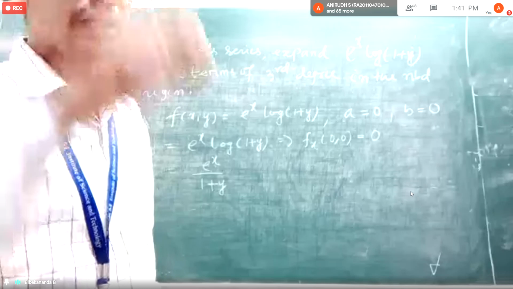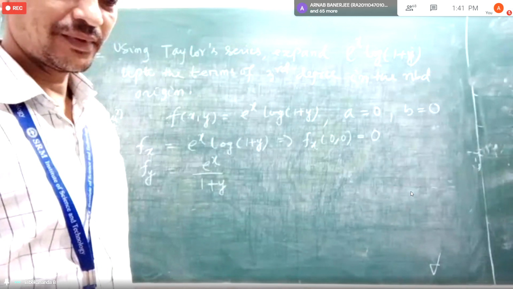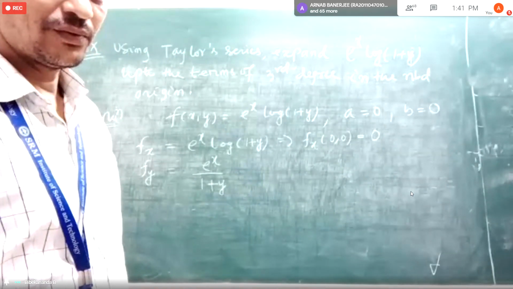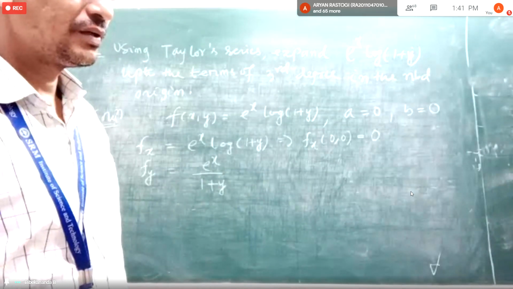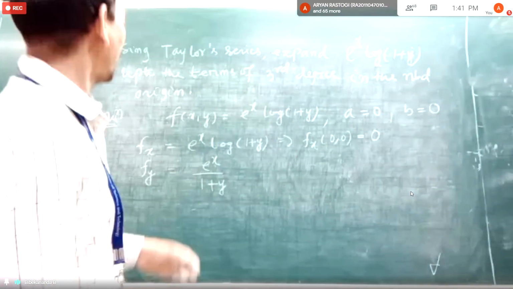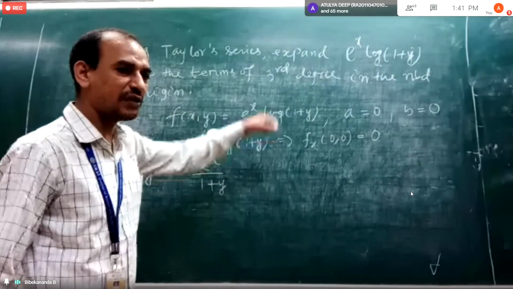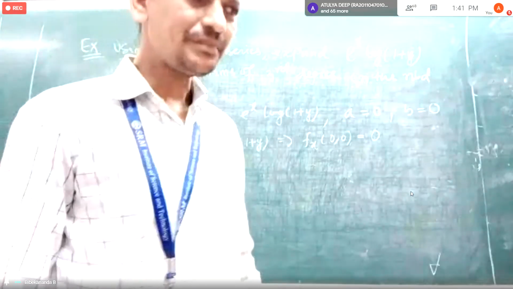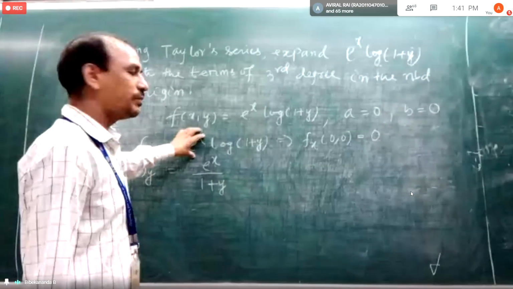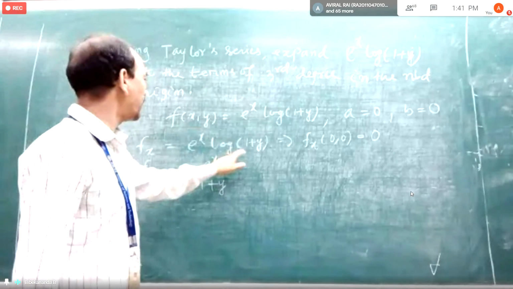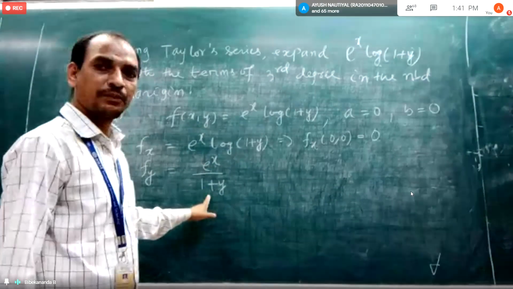What is the derivative of log x? 1 by x. So what is the derivative of log of 1 plus y with respect to y? 1 by 1 plus y. And so e to the power x will be as it is.